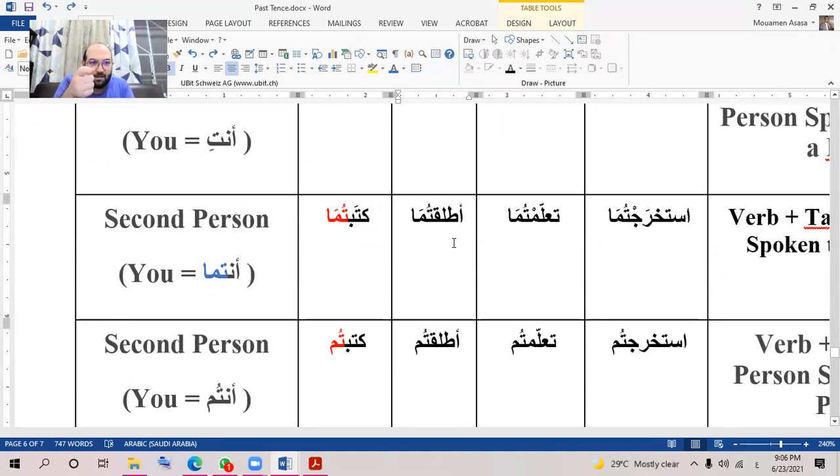That means I fired the bullet. If I have a rocket and I launch it to the sky, atlaqtu saruq. If I have a bow and arrow and I shoot the arrow, atlaqtu sahma. So atlaqtu means I shoot or I launch.